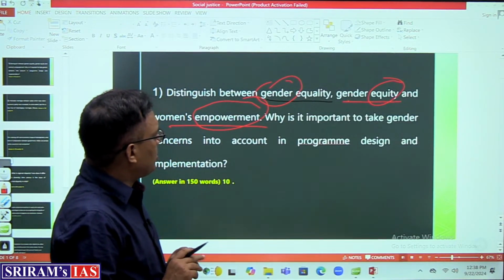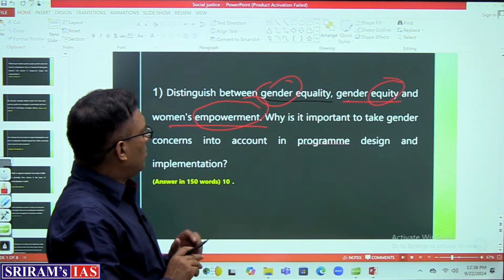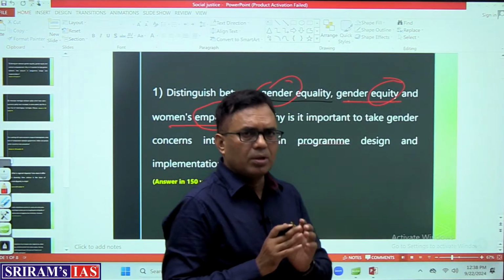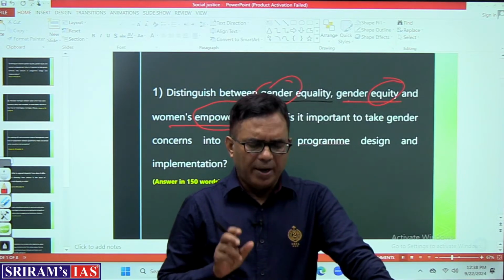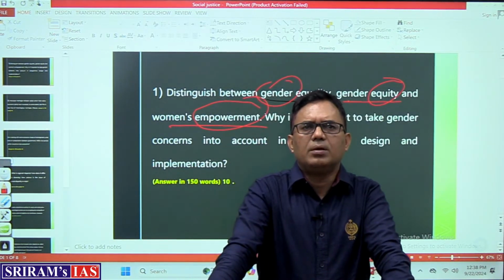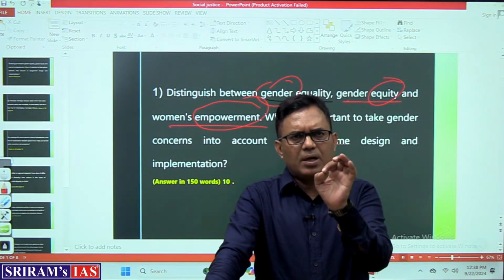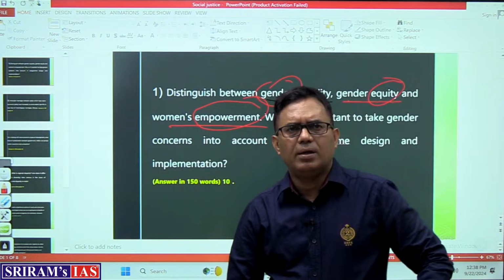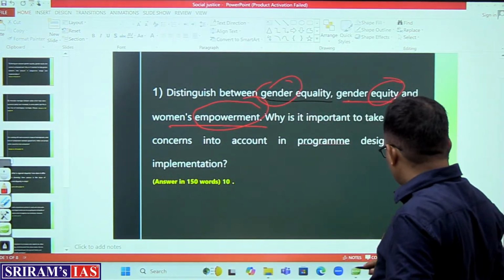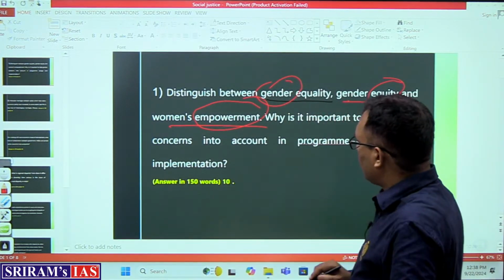Gender equality involves equal treatment between man and woman in society, regardless of their circumstances, regardless of their condition.